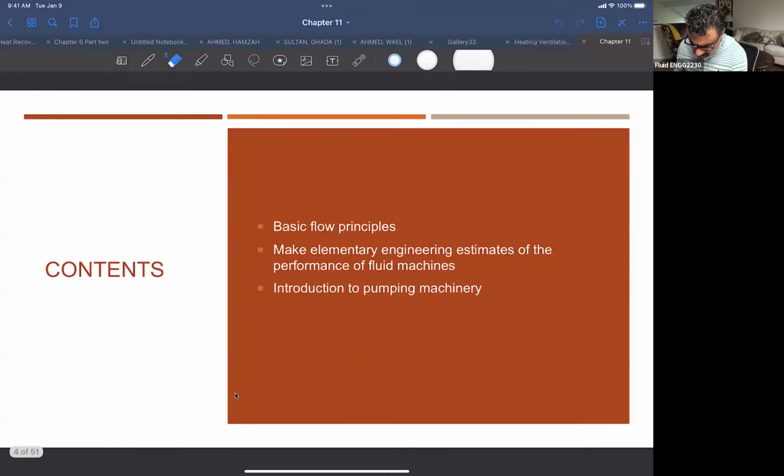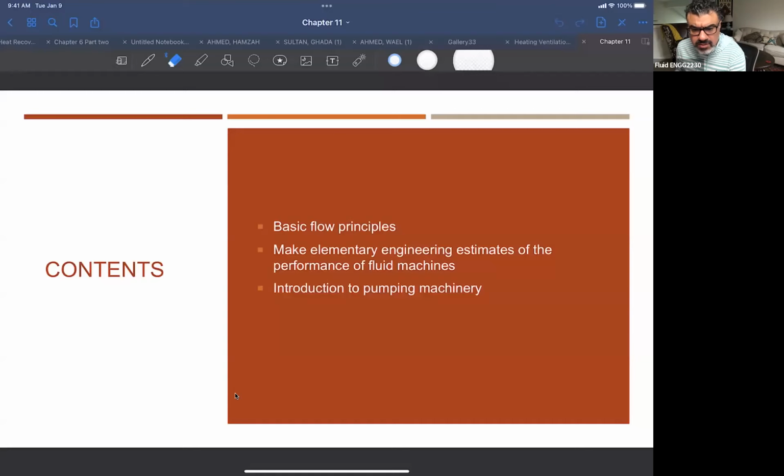As I mentioned, some of these principles need much more work to fully understand the whole subject. Sorry to keep saying this, but this topic can by itself be a whole course. I have taught courses only in turbomachinery before.